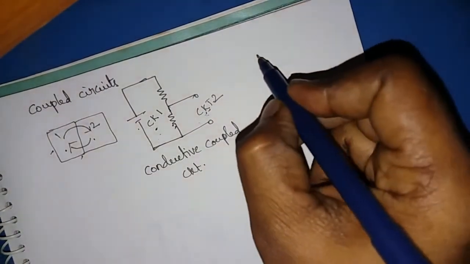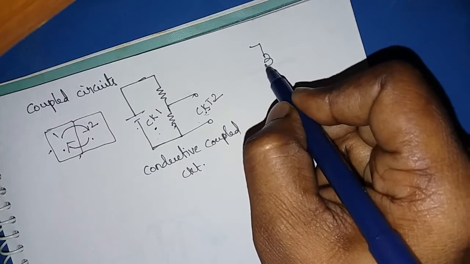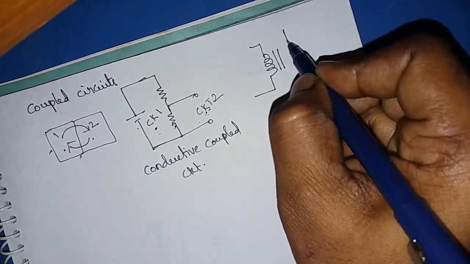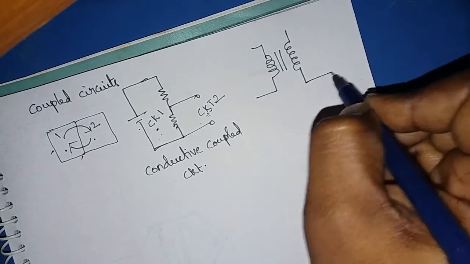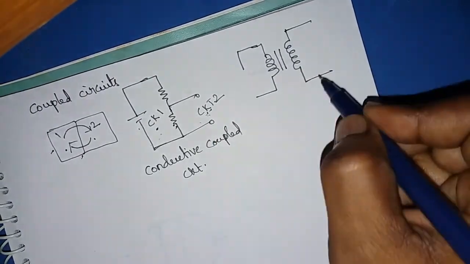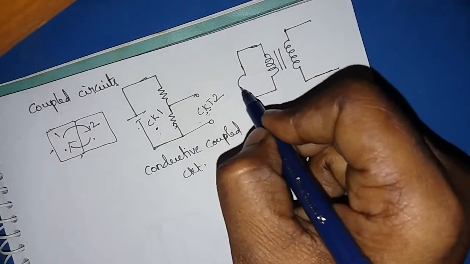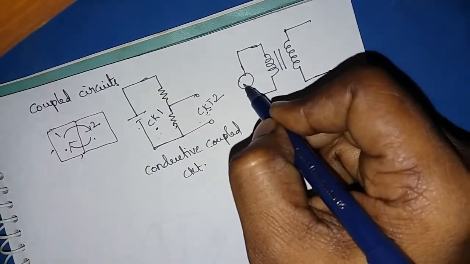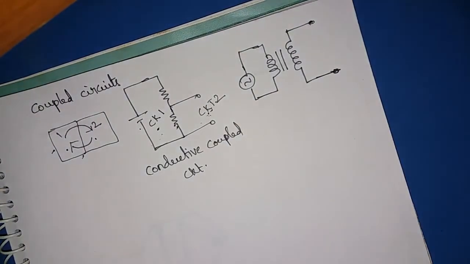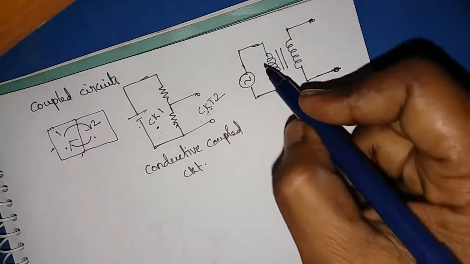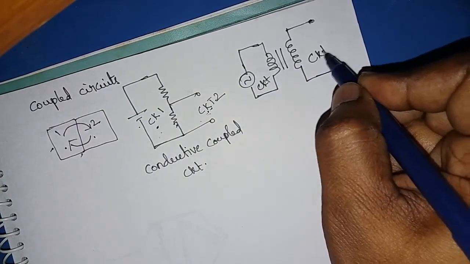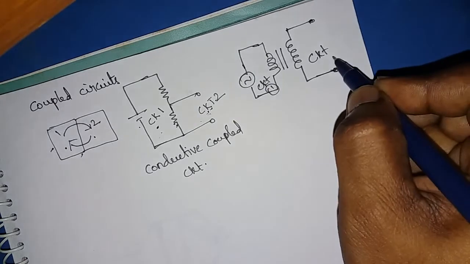For example, I have one more circuit. That means two windings are there, like this. Here the first winding is excited. This is one circuit and this is another circuit, circuit 1 and circuit 2.